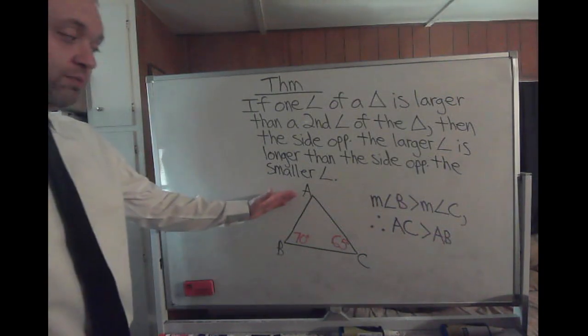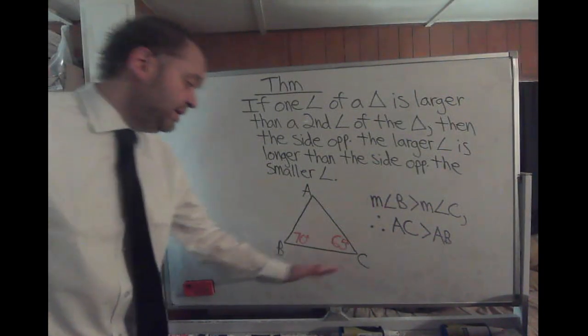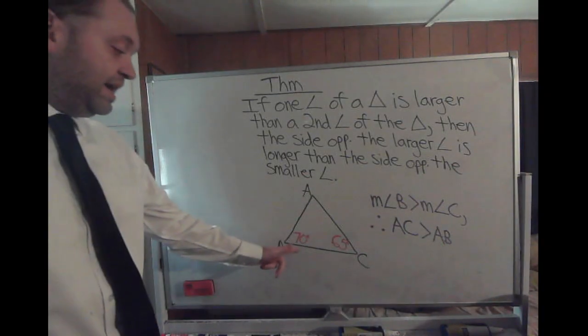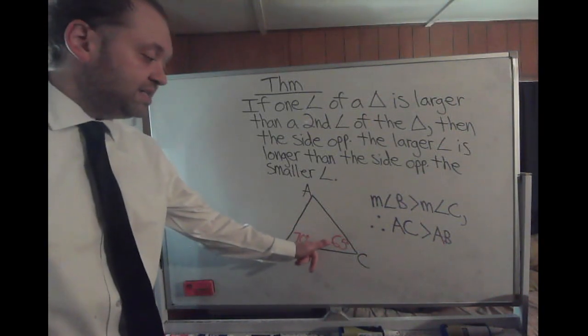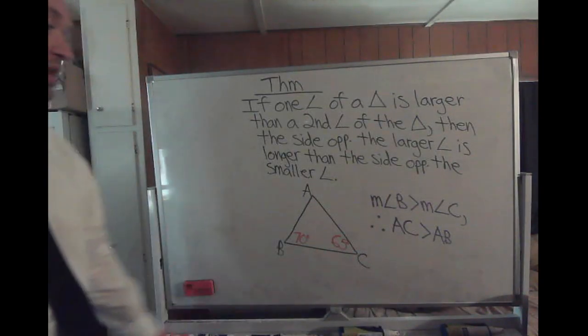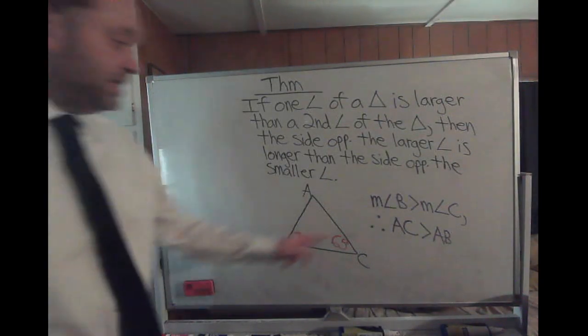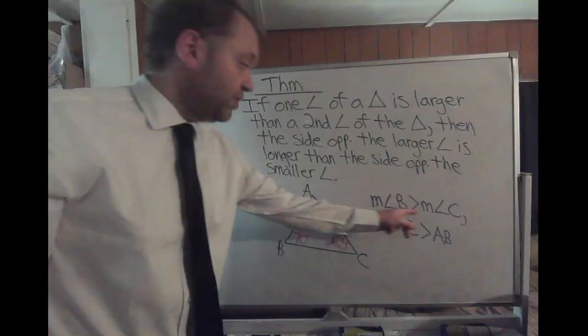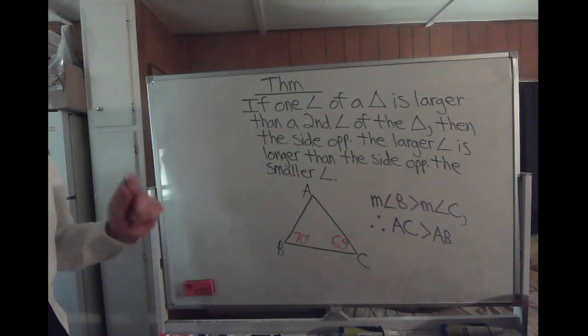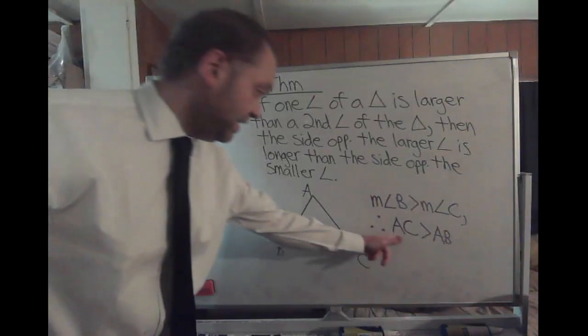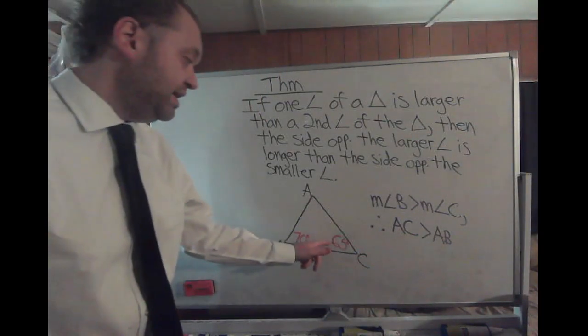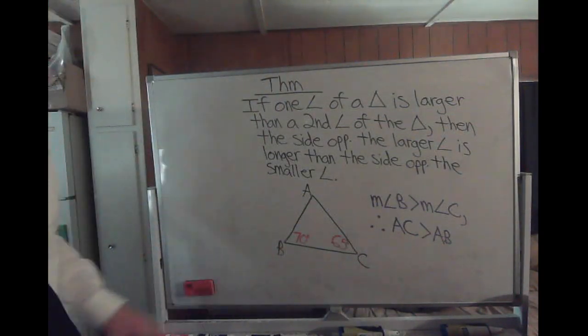So here again we have triangle ABC. This time you're given that angle B has a measure of 70 degrees, angle C has a measure of 65 degrees. So it's plain to see that angle B is greater than angle C, therefore that means the side opposite angle B, which is AC, is greater than the side opposite angle C, which is AB.